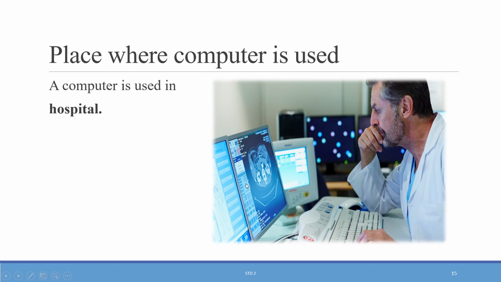So a computer is used at home, a computer is used in a hospital, and another one is that the computer is used at offices also, right? The computer is used at offices, and at school also. Yes, we can use a computer in a school also. Students are also using the computer in a school, and teachers are also using the computer in a school.